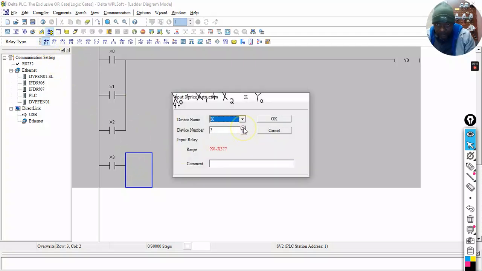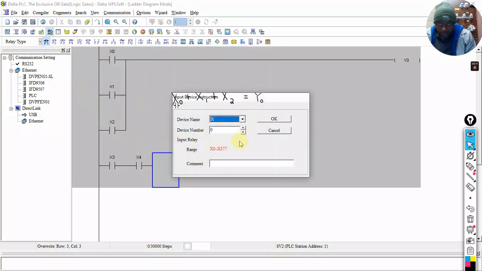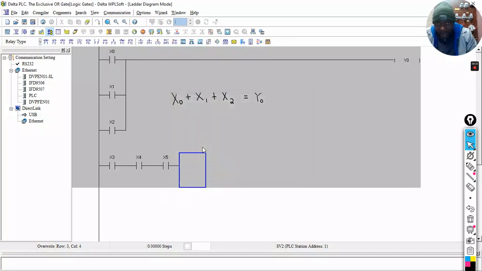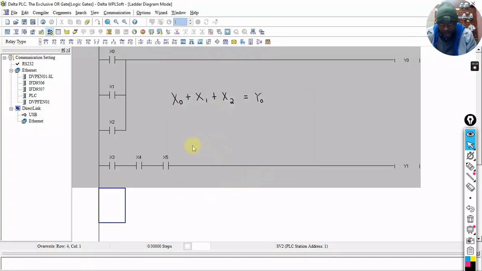We call it X4, and our last one, if you do 3 inputs, we could probably call it X5, and there is our output. Let's say our output is Y1. So Y1 would be, our AND gate would be a product, and that would be, let's take our pen, X3 times X4 times X5. This is equal to our Y1.